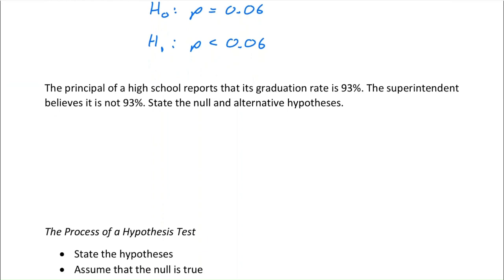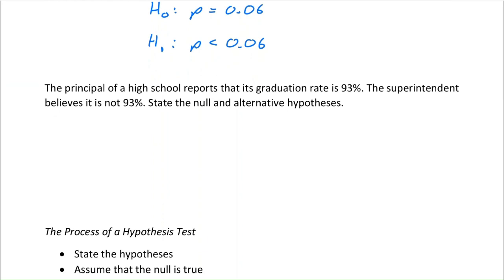Now, in this case, if the superintendent were to come back and say, no, I don't think it's 93%, we would probably assume that the superintendent thinks the principal is overstating the result, that it's actually less than. But we want to be true to the wording here. It just simply says that the superintendent believes that it is not 93%, that it's something other than 93%.